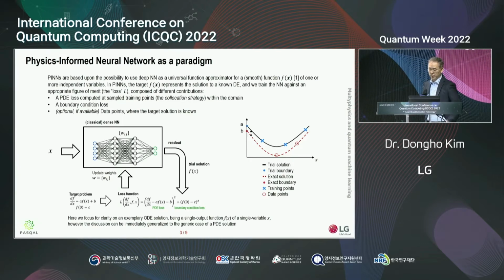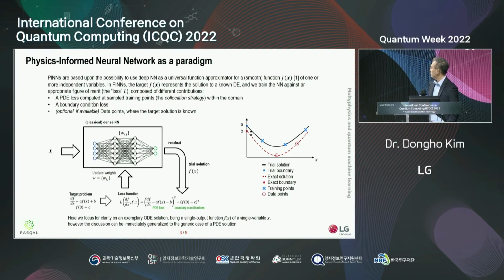There is a trial solution and an exact solution. The exact solution is the solution of the differential equation. The trial solution consists of a set of functions, which we can easily think of as a Fourier series or something like that.